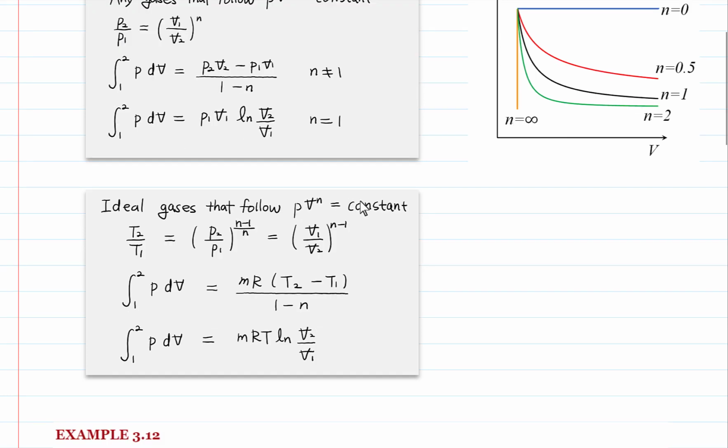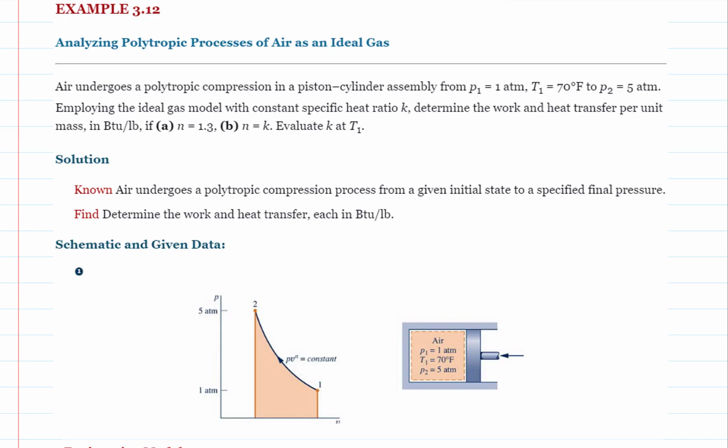If an ideal gas follows a polytropic process, it must satisfy both the ideal gas law and the polytropic equations. These relations were derived from the ideal gas law in conjunction with the polytropic relations. Example 3.12.